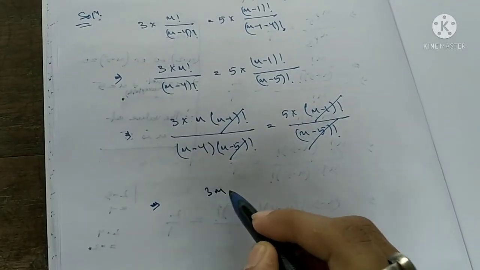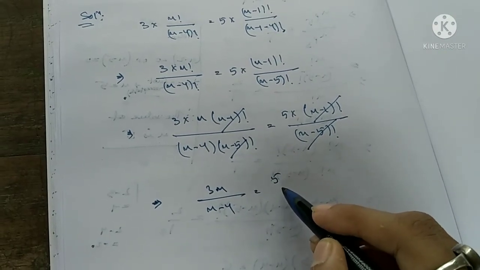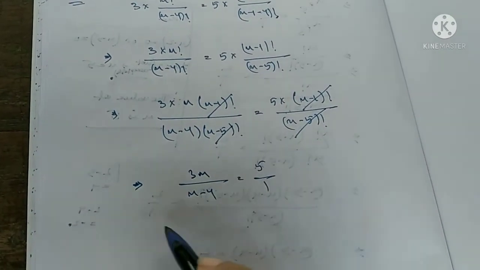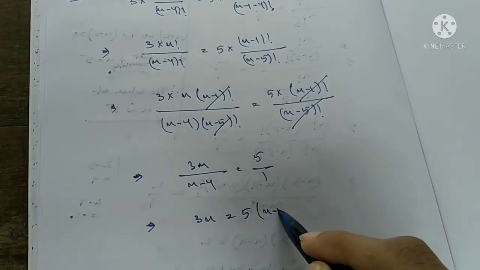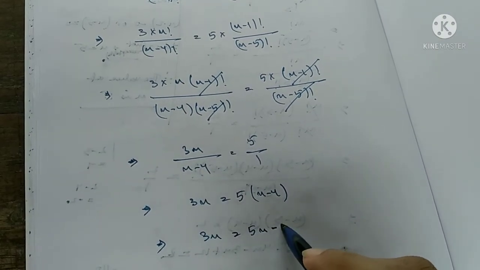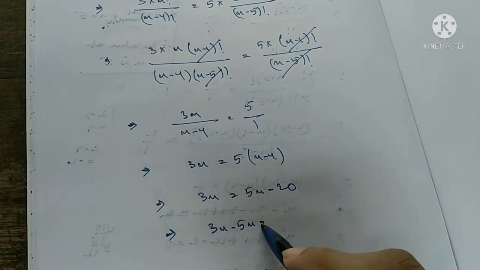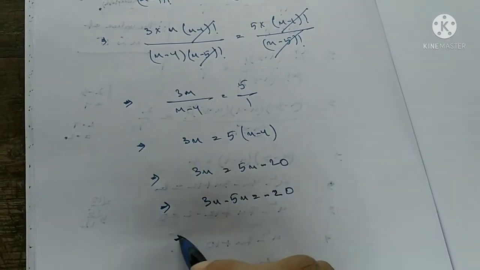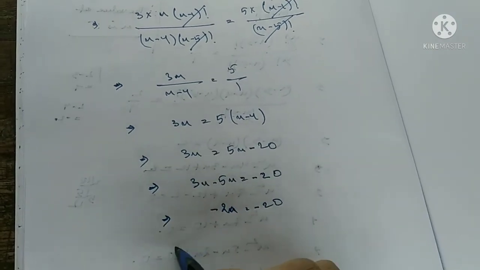Ultimately this is 3n by (n minus 4) equals 5 by 1. If I do cross multiplication, 3n equals 5 into (n minus 4). So 3n equals 5n minus 20. So 3n minus 5n equals minus 20. So minus 2n equals minus 20.